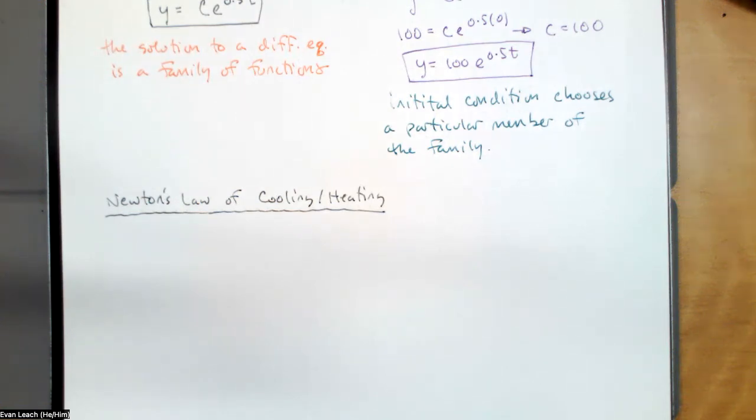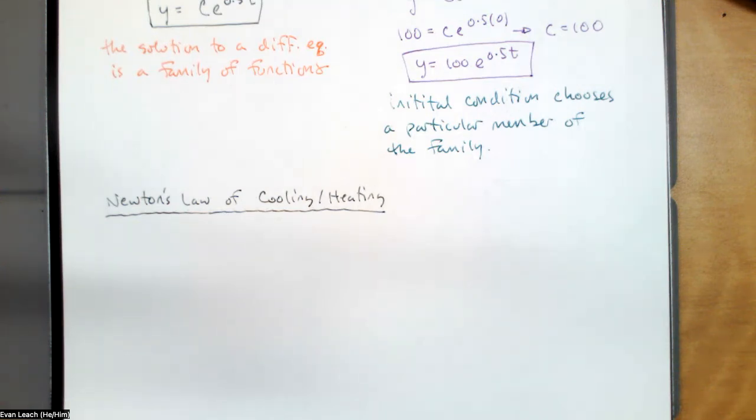Newton's law of heating and cooling is just a vertical shift of the exponential function that we had before. But a lot of us haven't encountered Newton's law, so let's talk about it now.